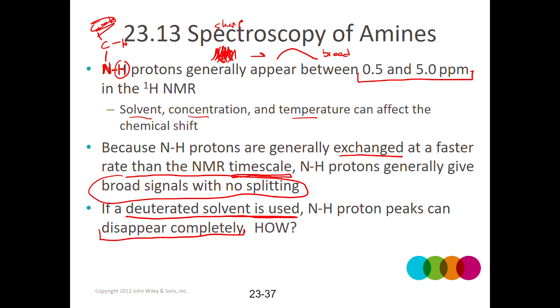And this all also applies to protons directly connected to oxygens. When we talked about that, we said the OH and now also the NH proton may give a signal somewhere on the scale. We don't know exactly where. It will probably be broad with no splitting, but it may also disappear completely if that proton has been replaced with the deuterium. So there's a lot of possibilities depending on exactly how you run that NMR.